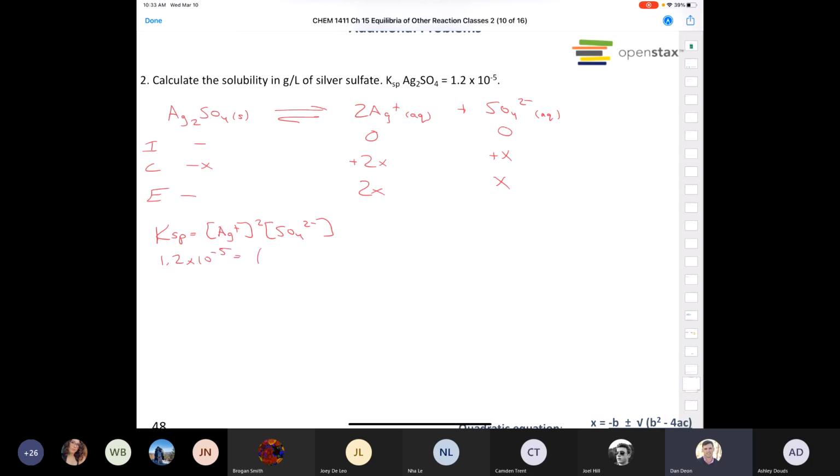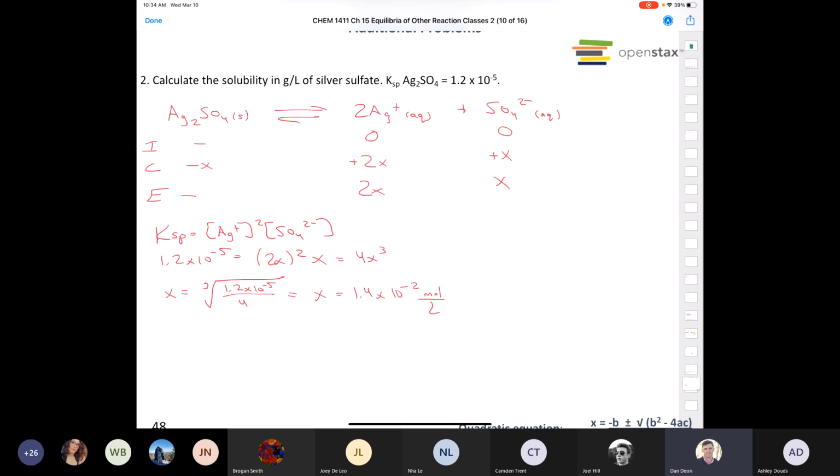It's going to be equal to 2x squared times x, which is equal to 4x cubed. And so x is going to be equal to the cube root of 1.2 times 10 to the negative 5 divided by 4. And we get that x is equal to the molar solubility in moles per liter, which is 1.4 times 10 to the negative 2 moles per liter.